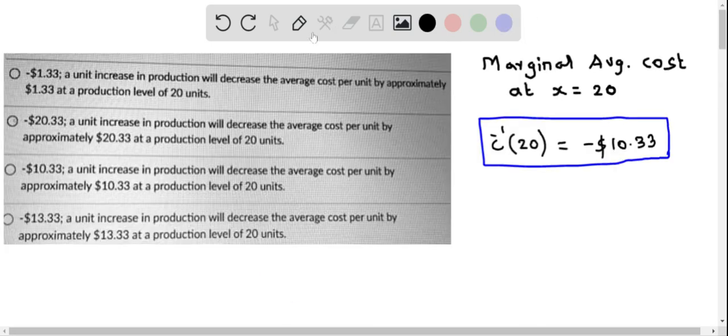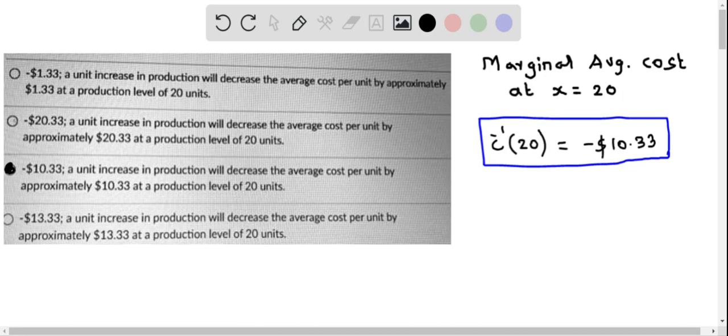Now let's interpret this result of the marginal average cost at x equal to 20. That is, we interpret C bar prime of 20. From the four options, we choose this option. This is the correct one. The correct interpretation is that a unit increase in production will decrease the average cost per unit by approximately $10.33 at a production level of 20 units.